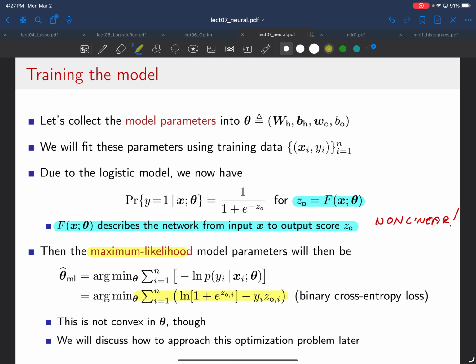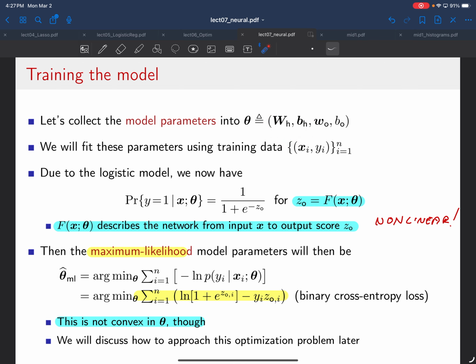Now the key thing is, because of those nonlinearities that we stuck in the middle, this loss function is no longer convex in theta. It is actually convex in these parameters, but it is not convex in the parameters on the other side of those hidden layer sigmoids.